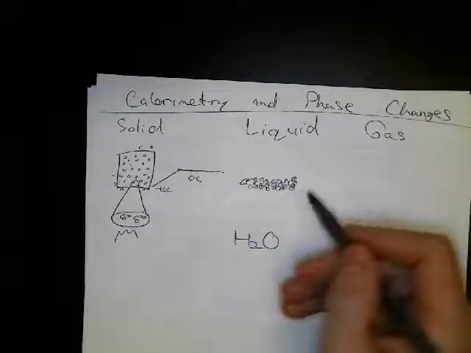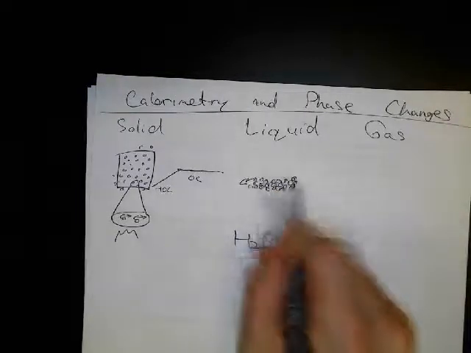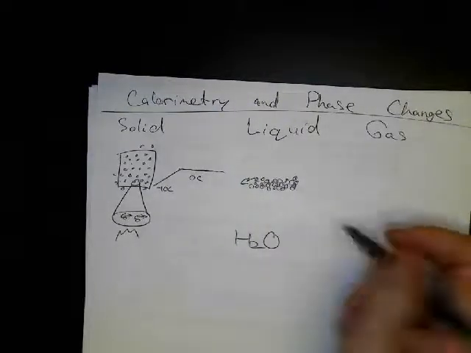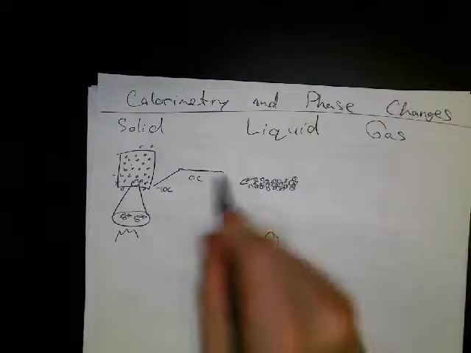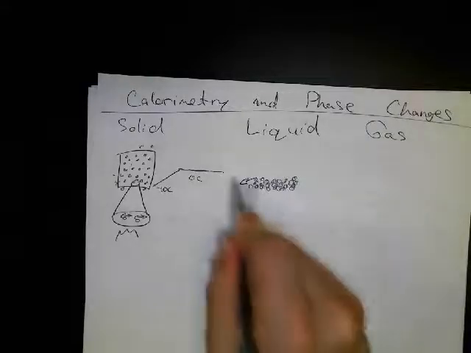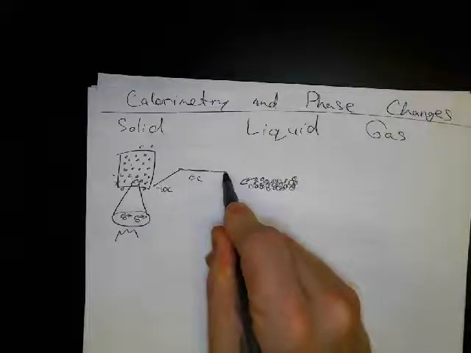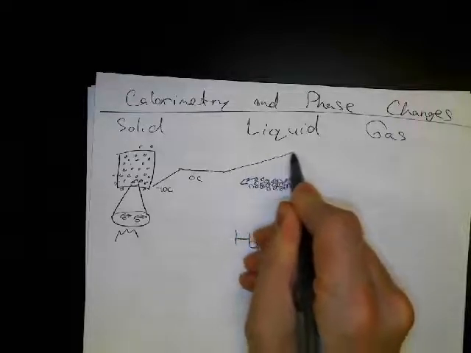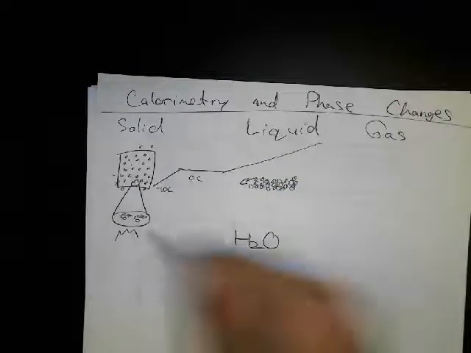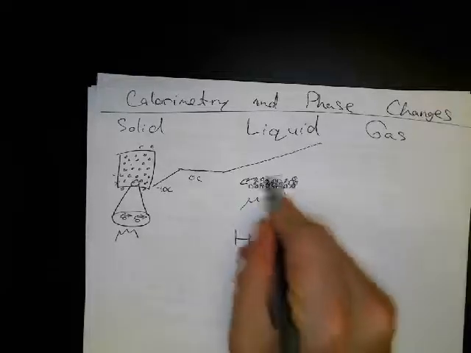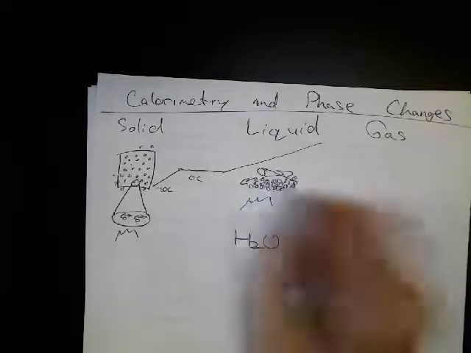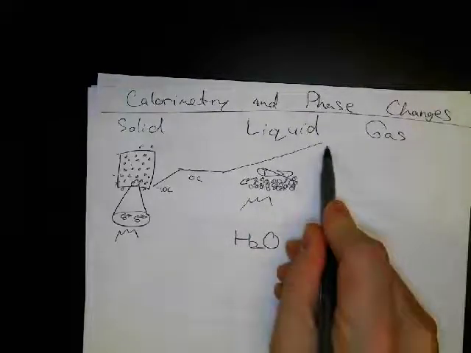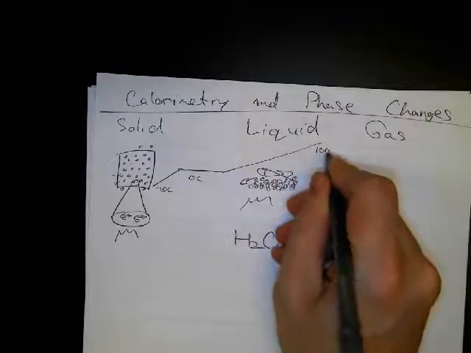If you look at a liquid, it's all one cohesive piece, but they have enough movement that they're not stuck in their own spots anymore. Now, you're at 0 Celsius liquid, and you start to heat that up, and it's going to gain temperature, 0, 10, 20, 30, 40, etc. Like we heat it up and keep heating it up with the flame, and they're going to move faster and faster, and you're going to get more energetic liquid until you get to up here about 100 Celsius.